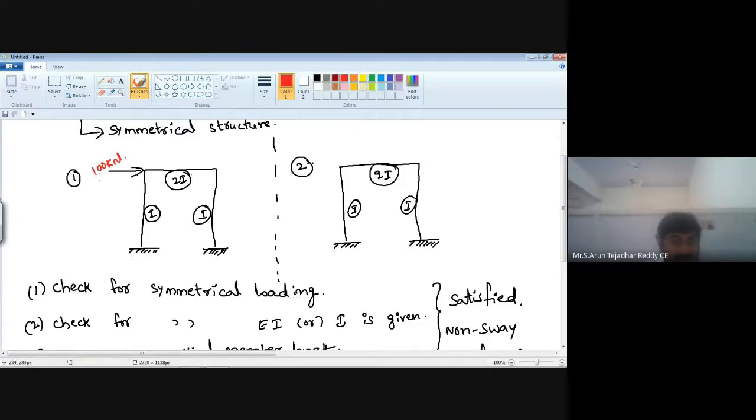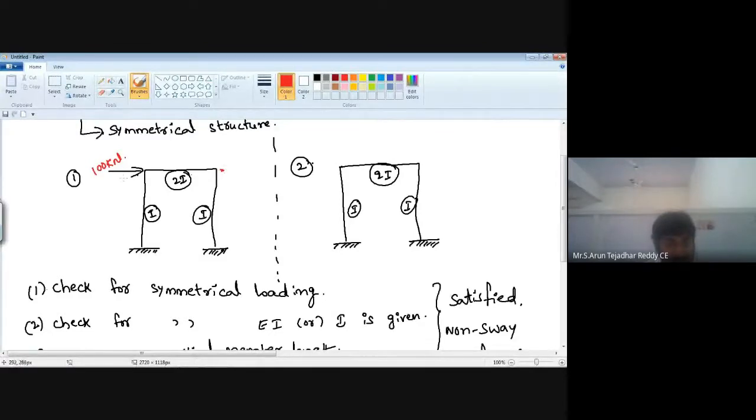The first step is to check for symmetrical loading. Here 100 kilonewton is acting. Symmetrical loading means the same load also acts at the right side, but here we don't have any load on the right side.